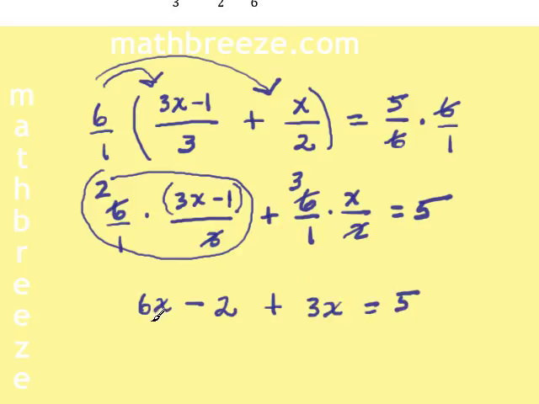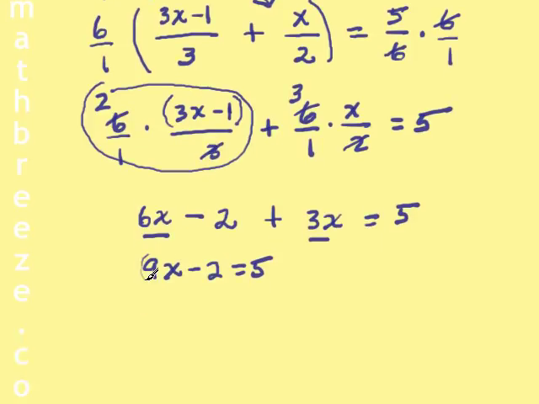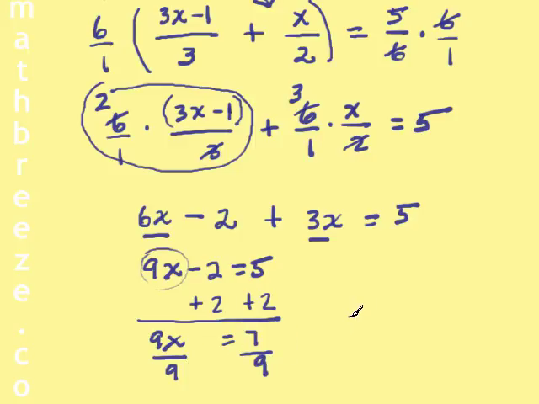Now we'll combine the 3x and the 6x, these two like terms. And now we want to isolate this x term, so I'm going to add 2 to both sides. And divide both sides by 9. And we have x is equal to 7 over 9.